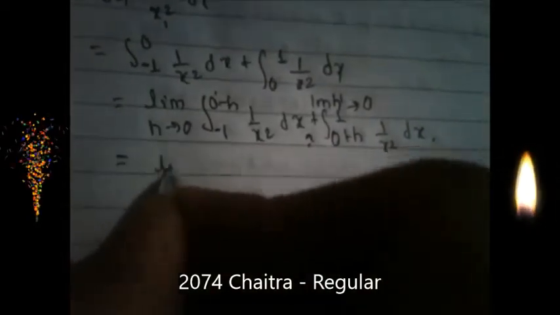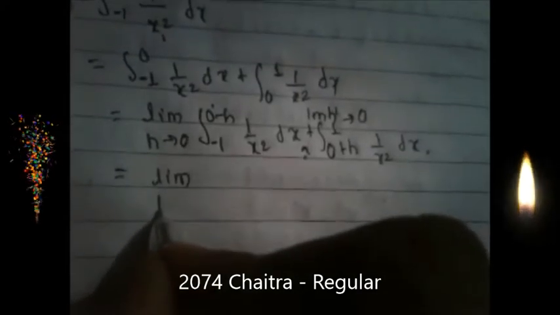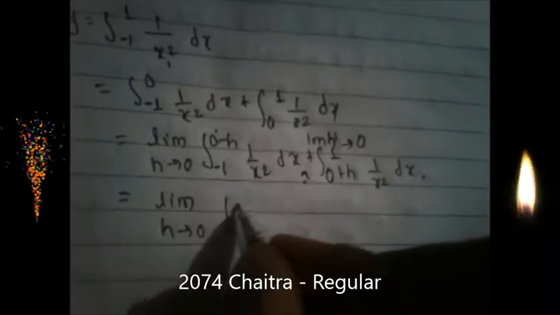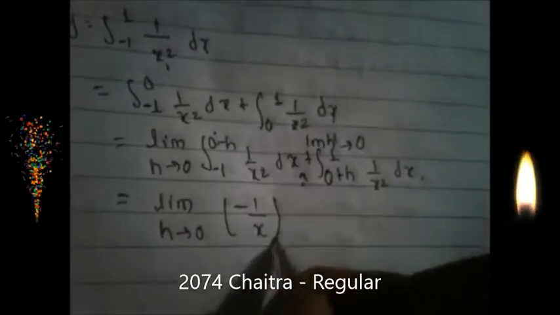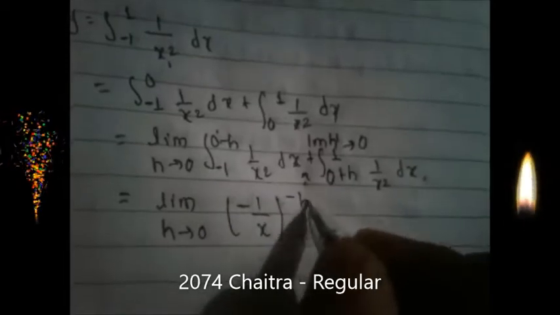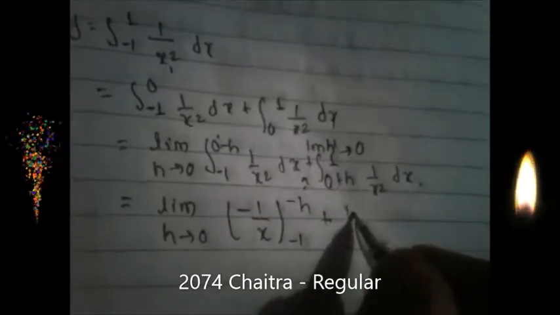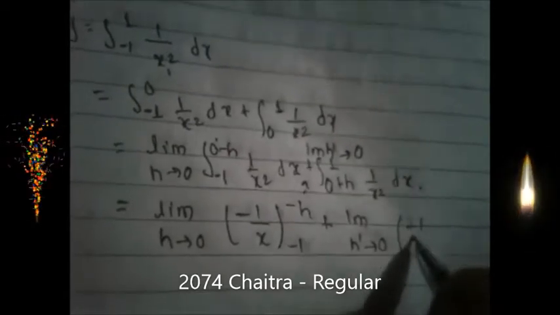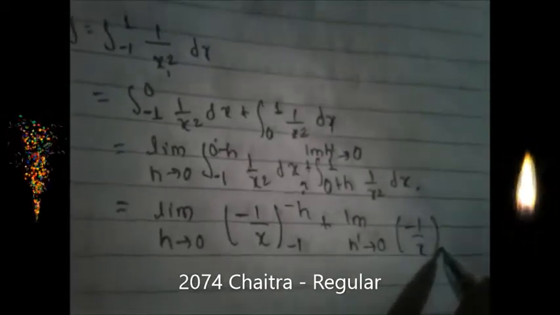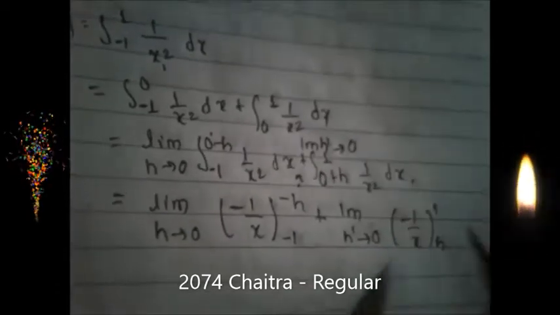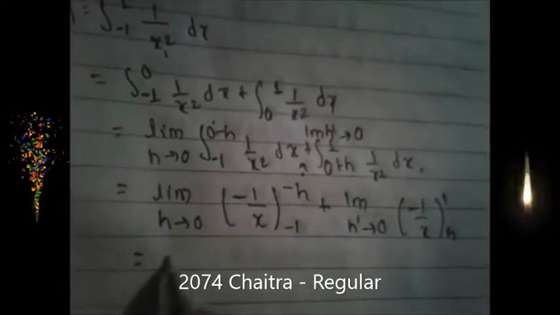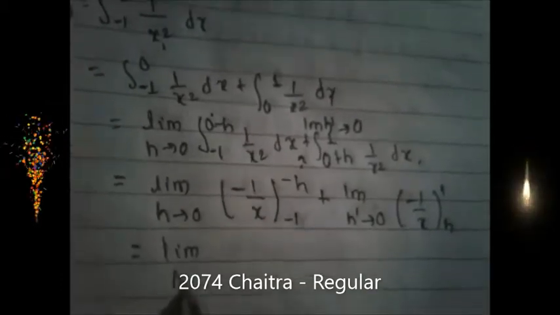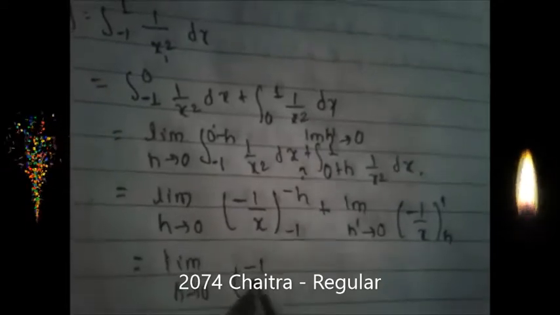Now limit h tends to 0, and the derivative of this is -1 upon x from -1 to minus h, and the derivative of this, limit h' tends to 0, is -1 upon x from h' to 1.